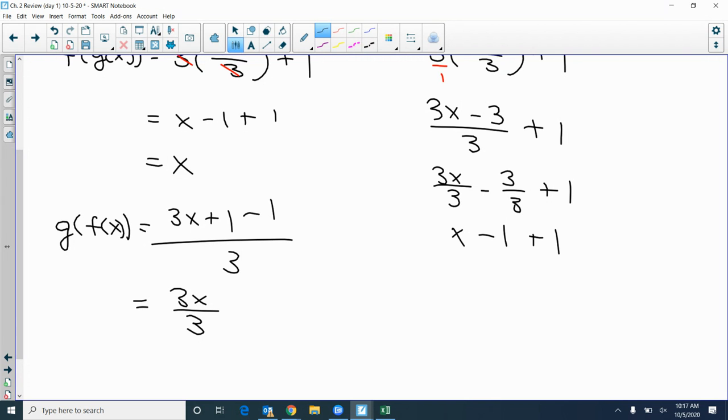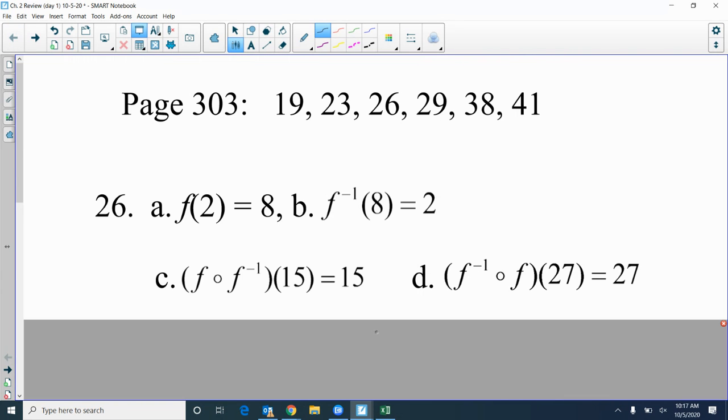You just get 3x over 3. Just get x. Okay, for this. All right. Anything else homework-wise on there? Okay, 38. That's just a picture. You just got to flip those. I made a couple comments on a few of yours. You just got to be careful when you're doing that one. Questions?